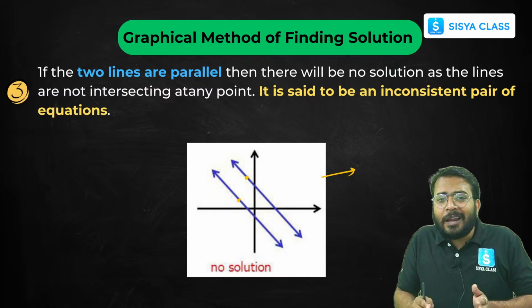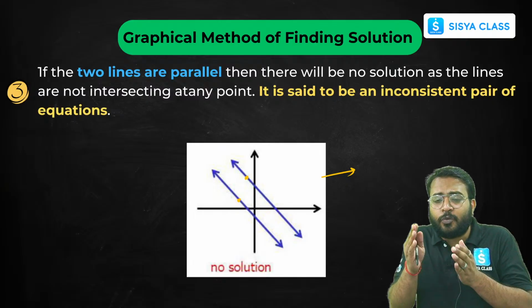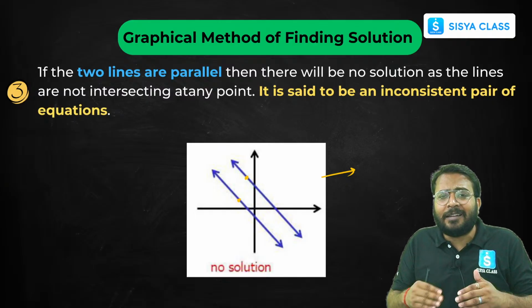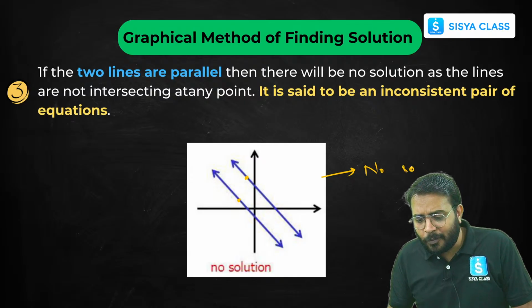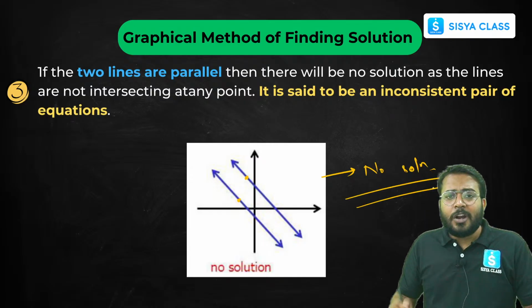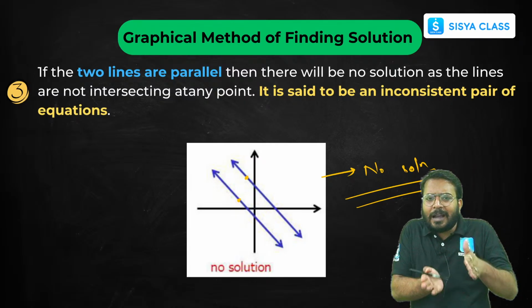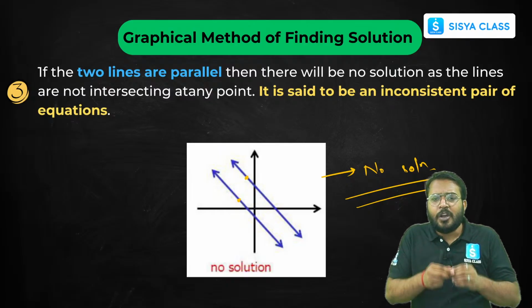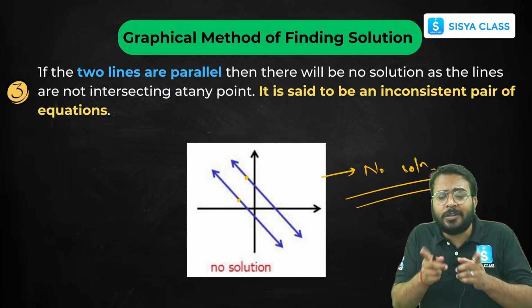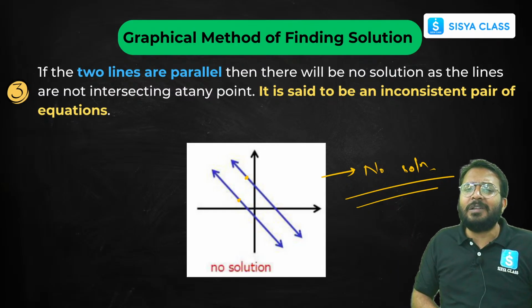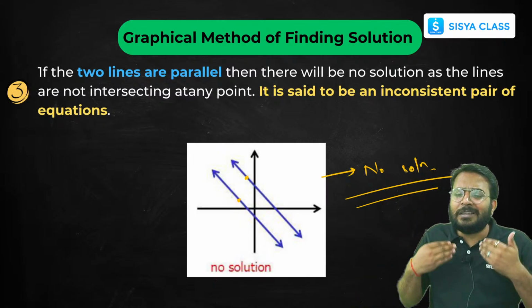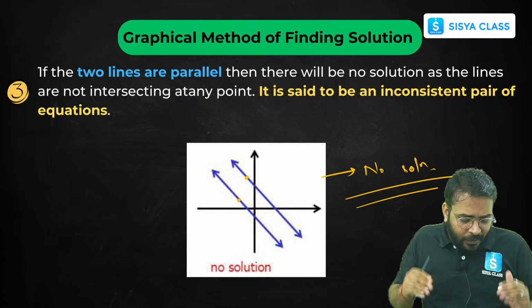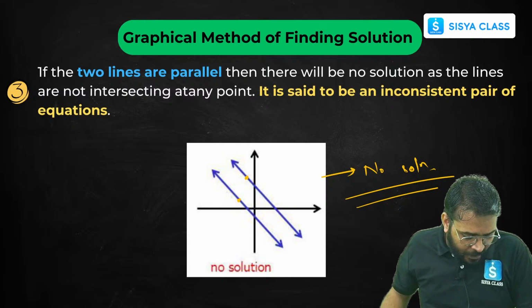But you won't get any common point which satisfies both the given lines, and that's why we say dear that it has no solution. So whenever two lines are parallel, we can't get any common point which satisfies both the given equations, and that's why we will say that they do not have any solution, they have no solution. Understood my point?